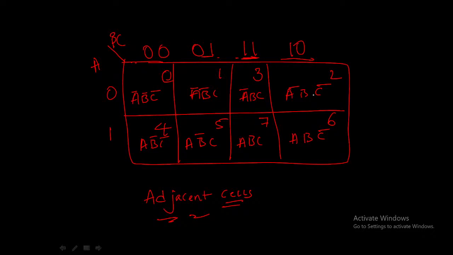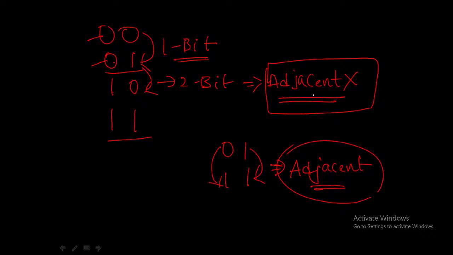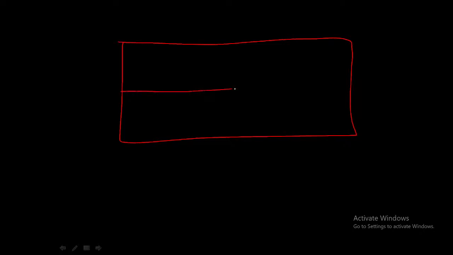So this is how you are going to write the minterms for every cell. Now, coming to the POS form of representation, the max terms, if you observe, the structure looks the same and the numbering is also the same, but we will use max terms.